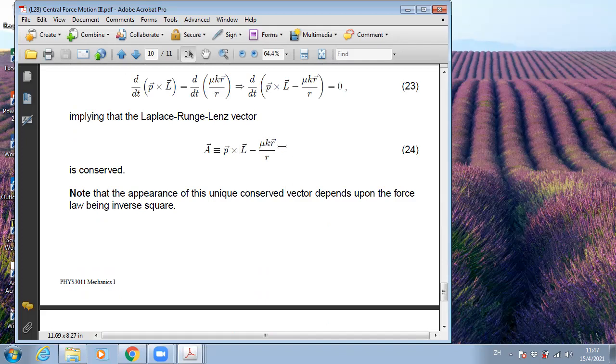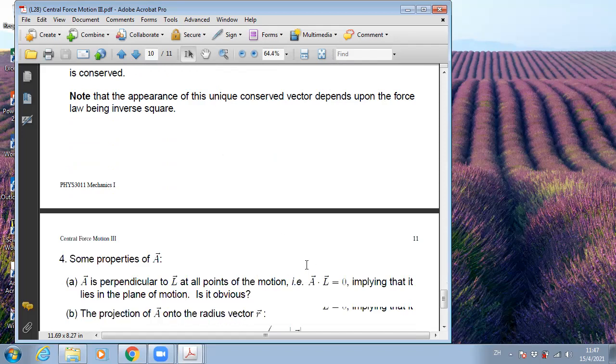How about the second term? Is it 0? Why? L is in the Z direction, am I right? So they are automatically perpendicular to each other.